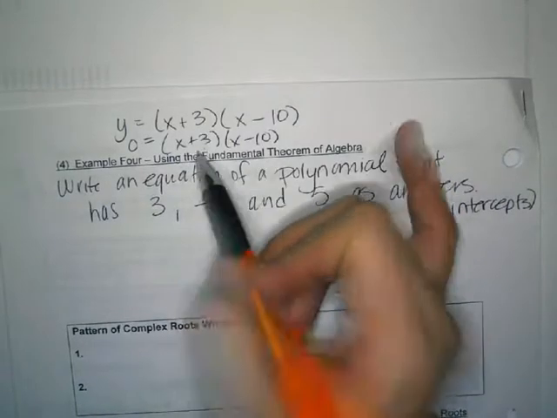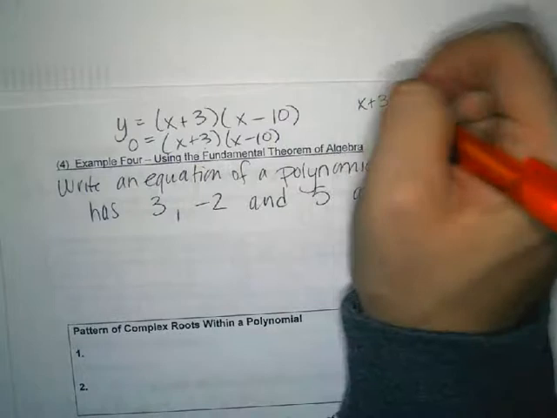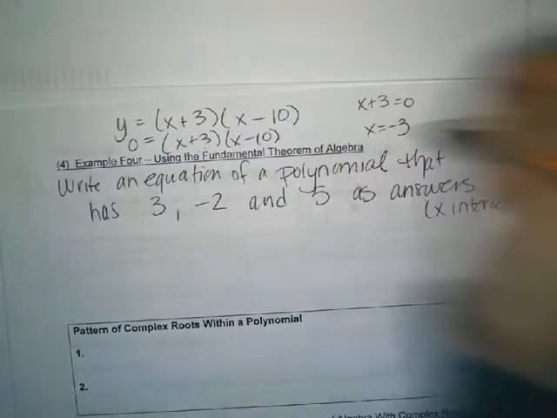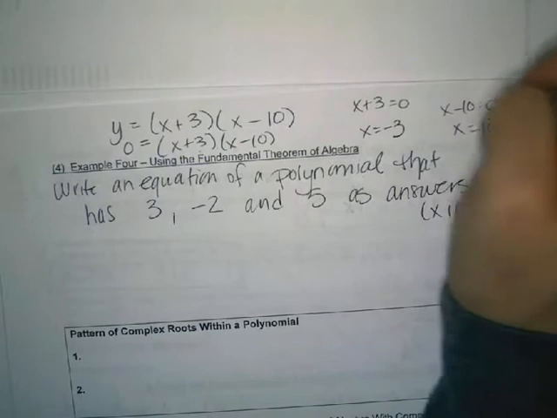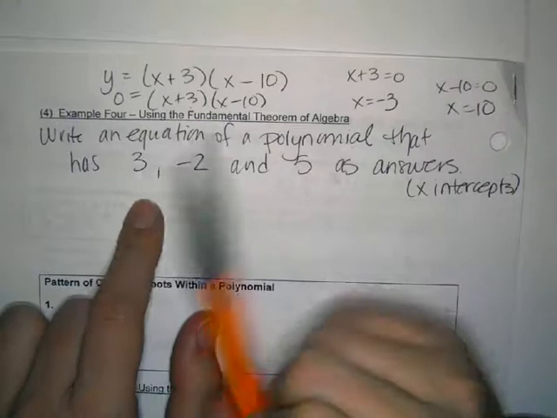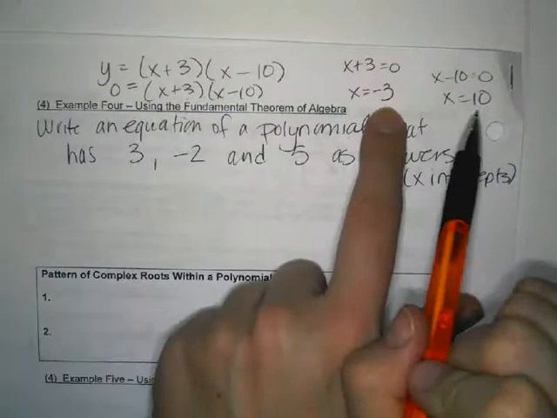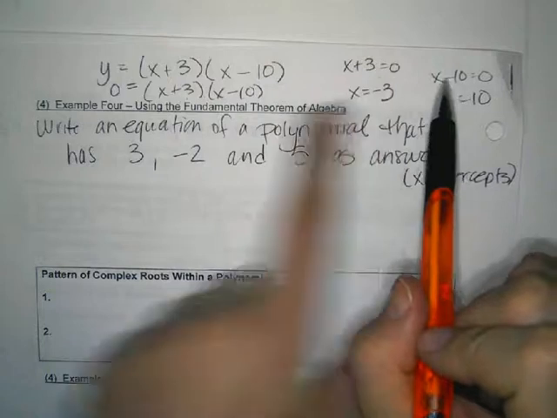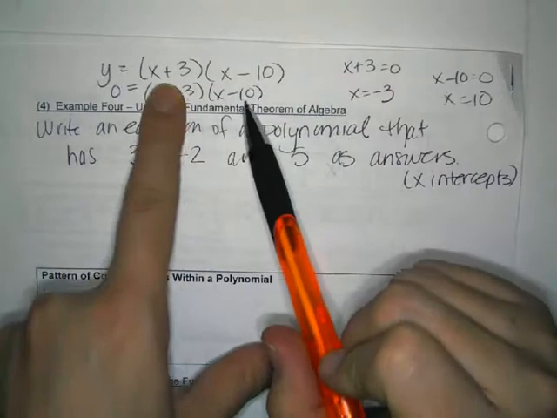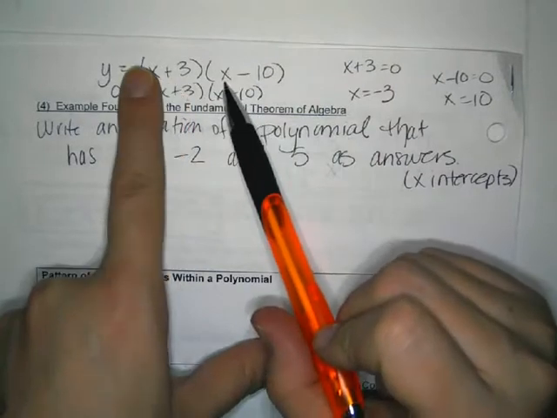So here I would get -3 as an answer, and here I would get 10 as an answer. So we have to back up the process here. We're given our answers, so we're given these numbers here. We have to rewrite them as factors and then multiply them together in order to get to my original problem.